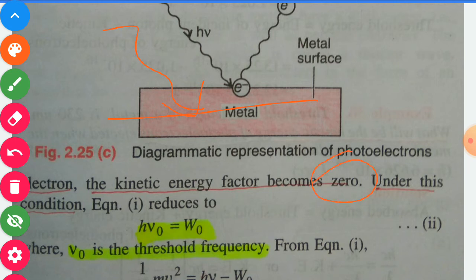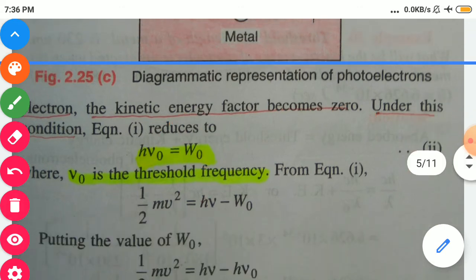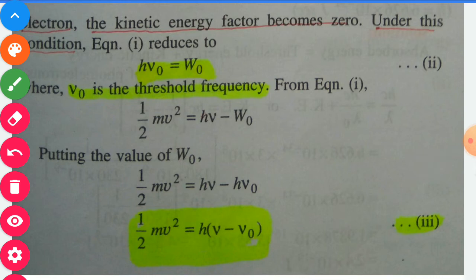So in such a situation the energy of incident light h nu is equal to work function W0, because kinetic energy is 0. So in that case the energy of incident light, when the electron is unable to get kinetic energy, is equal to h nu 0, and you know that h nu 0 is known as work function. So here nu 0 is known as threshold frequency.